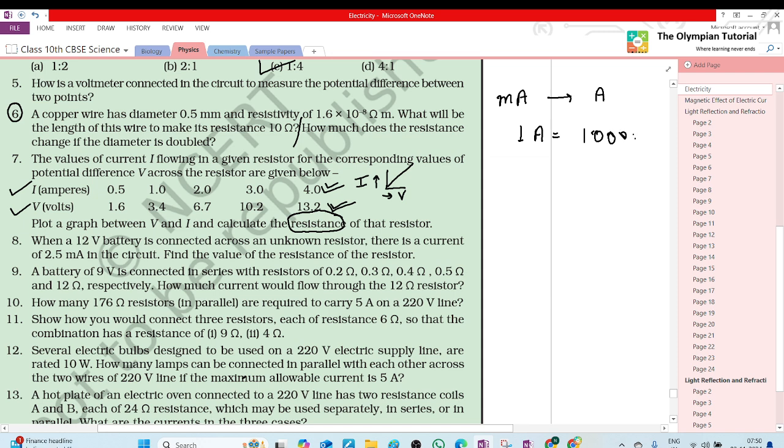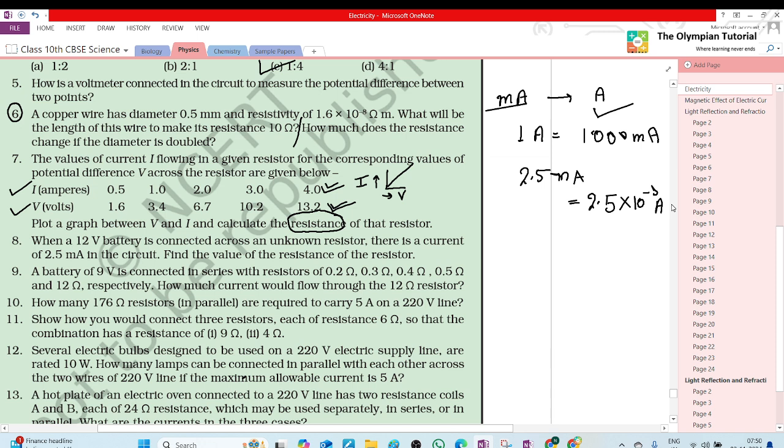So now you have to convert milliampere to ampere. What you will do? Ma'am, divide by 1000. Thanya, are you getting this thing or not? Yes, ma'am. So 2.5 milliampere will become 2.5 into 10 to the power minus 3 ampere.